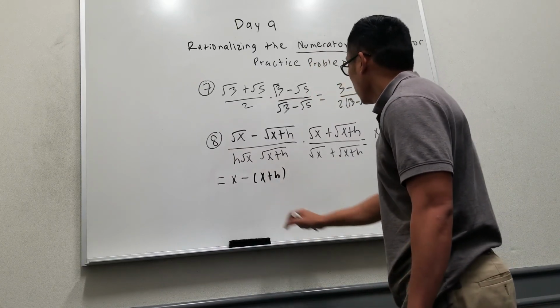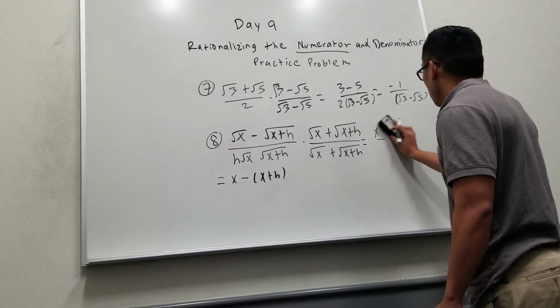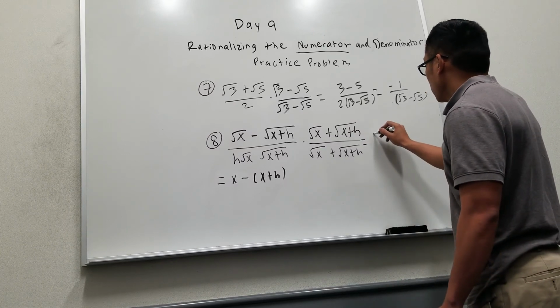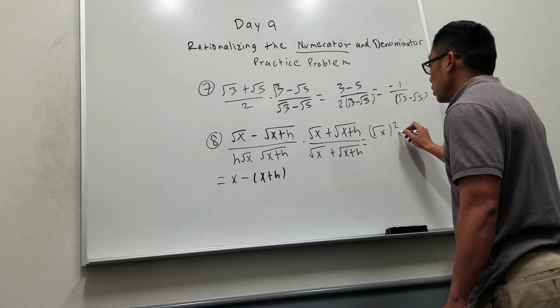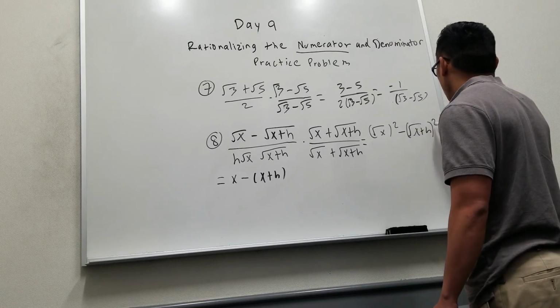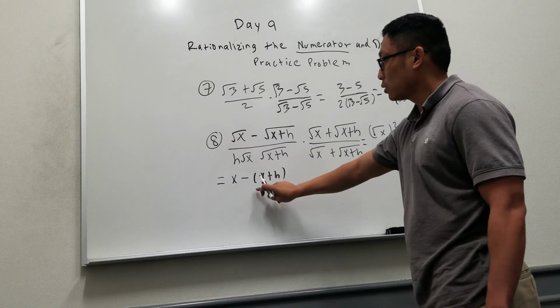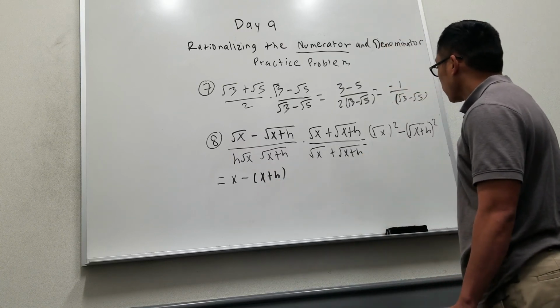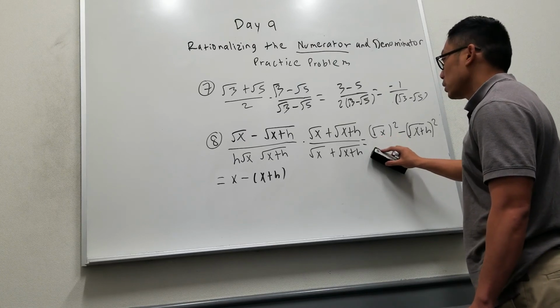Just wondering how I got that. This is a difference of squares. So let's just think about the top. Just pretend I was doing the top. I get the square root of x squared minus the square root of x plus h squared, right? That's the top. If I do that, I'm going to get this on the top, and then the bottom as well, but that's the idea.